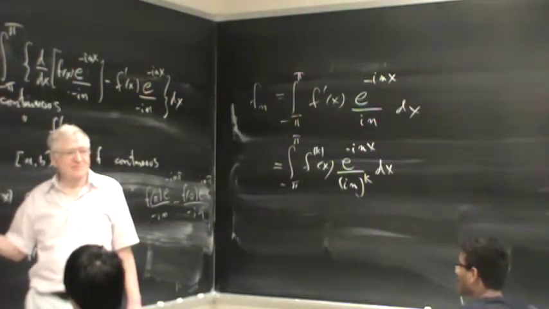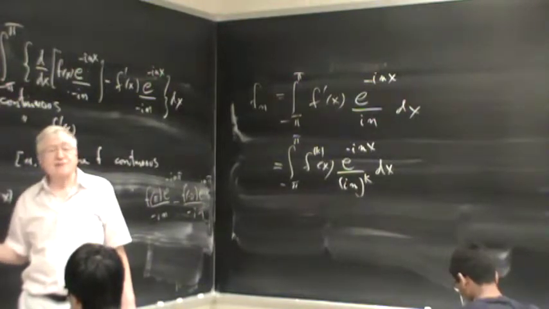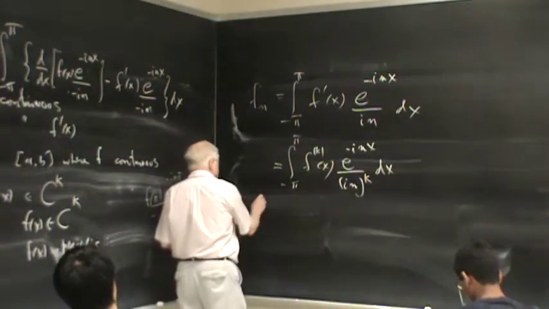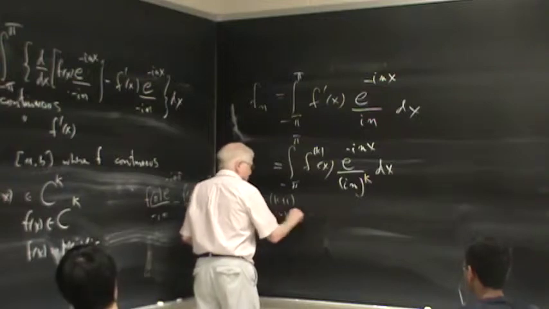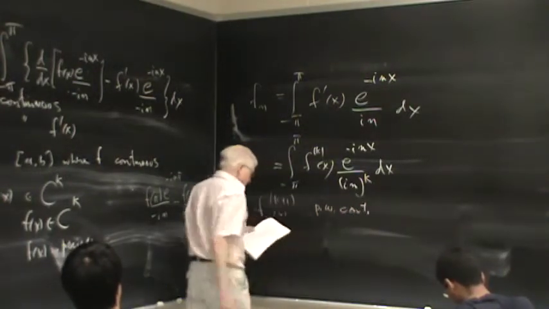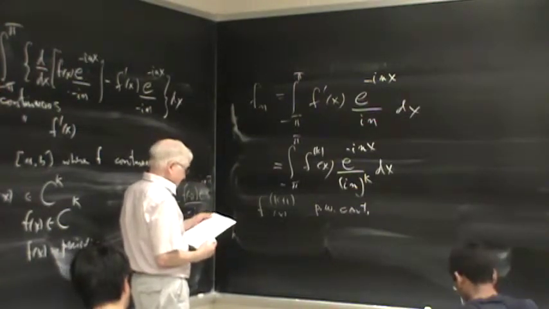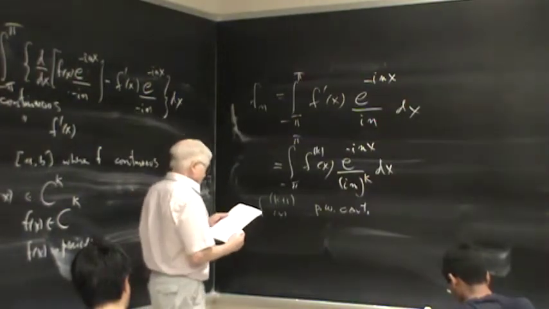So you go from having a continuous k-th derivative to maybe the (k+1)-th one being, say, piecewise continuous. This is typically the case. If f^(k+1)(x) is piecewise continuous, then you can certainly integrate it, and you can do this trick one more time.